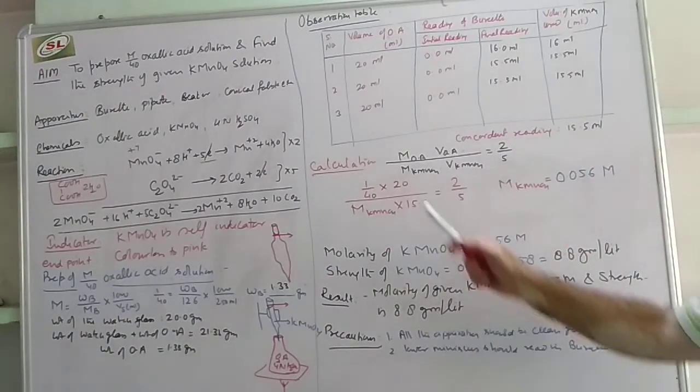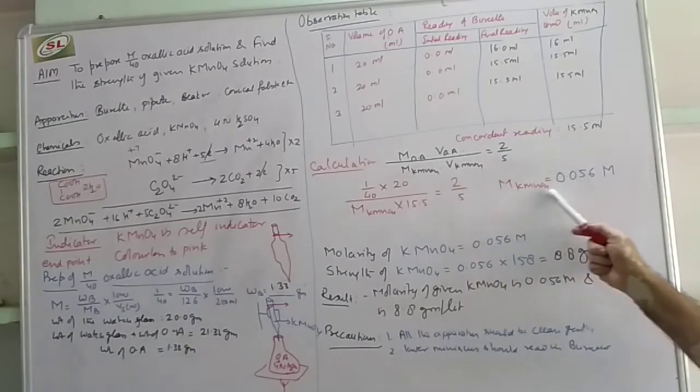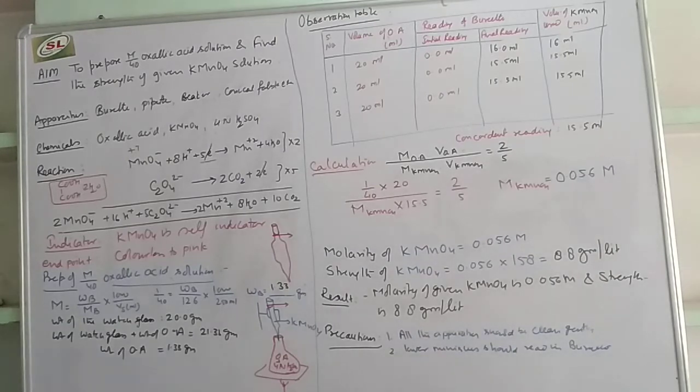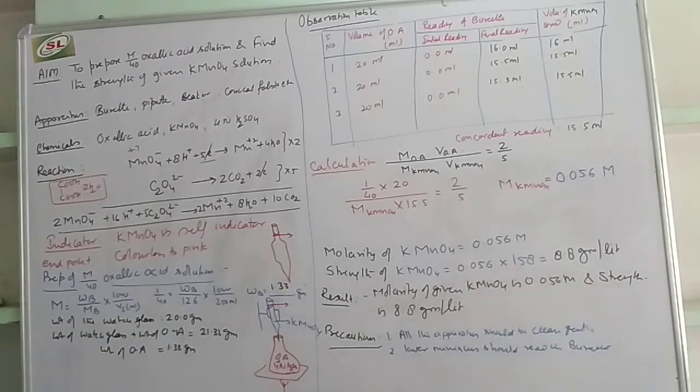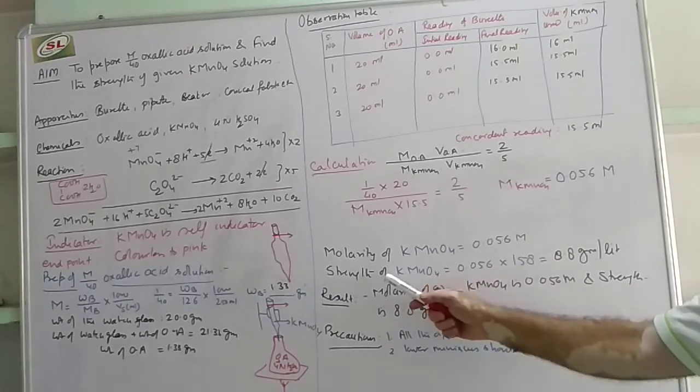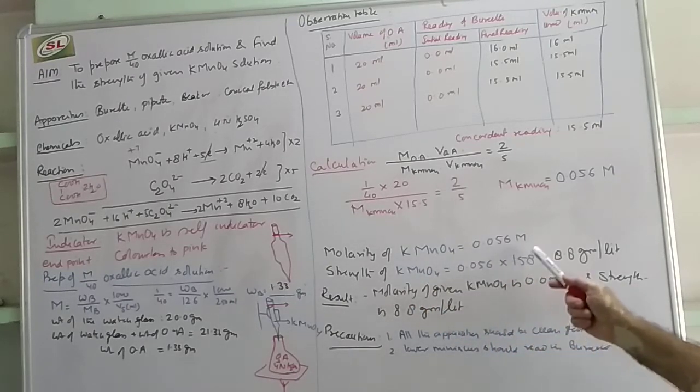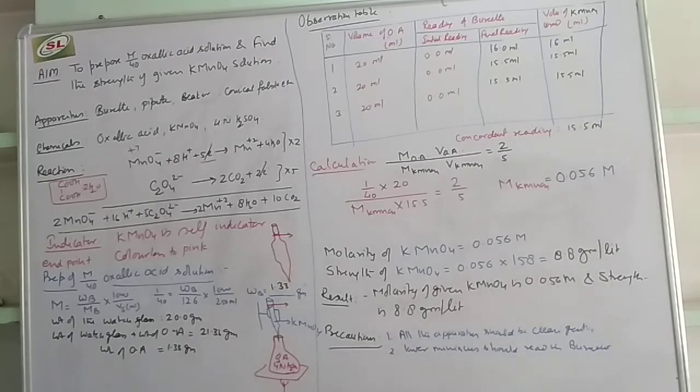When you put the values, molarity will come 0.056. So molarity of KMnO4 is 0.056. To find the strength, molarity is multiplied by the molecular weight of KMnO4, that is 158. So it comes 8.8 gram per liter.